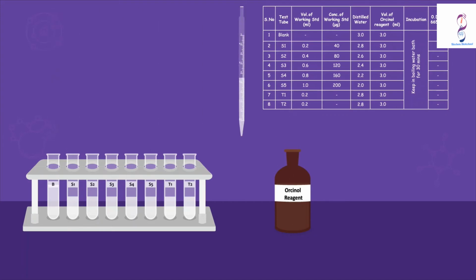You can see the addition of orcinol reagent in the mixture in the illustration. 3 ml of orcinol reagent is added to each and every test tube.